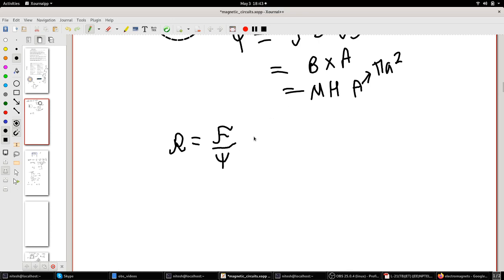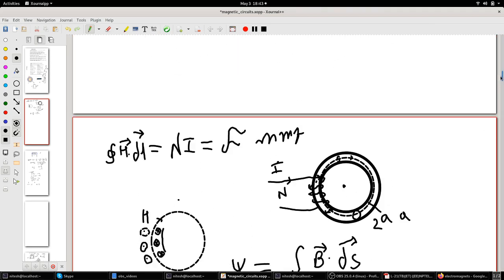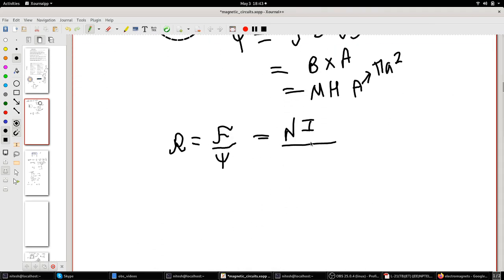I know MMF is equal to N into I, and psi is given as mu H into A. Right now I'll replace this area A as S, because that's what is given in the textbook. So S is the cross sectional area.